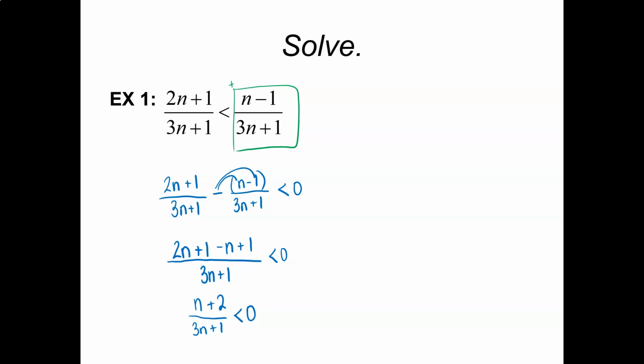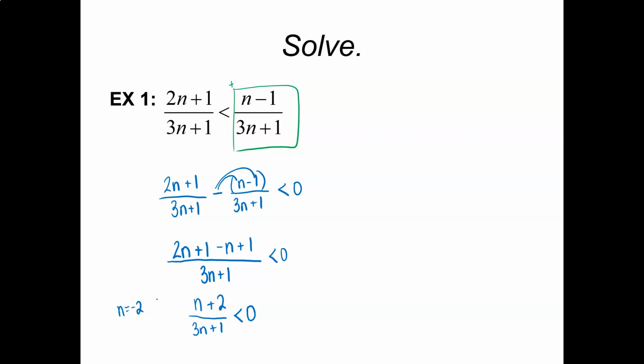Okay, everybody okay here? All right, now it's the same as what we were doing last night. We need our zeros from the numerator and the denominator. Bailey, what will we get as our zeros? What value would give us a 0 if we plugged it into that numerator? Negative 2, so n equals negative 2 is one of our zeros.